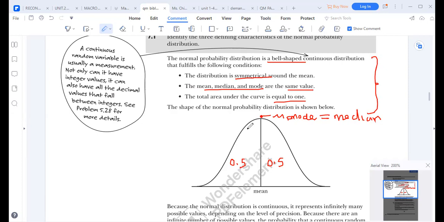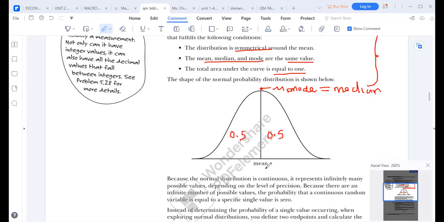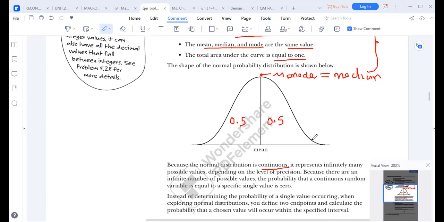So let me make use of logic here. If this is 50% and that is 50%, when you add them together, we're going to get what? 1. So this gives us what we call a continuous distribution. So if we're dealing with normal distribution and you are dealing with percentages, these percentages are called the probabilities.